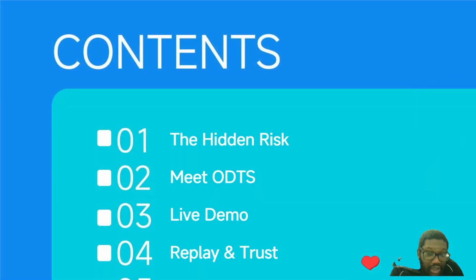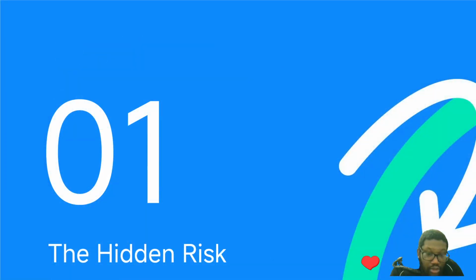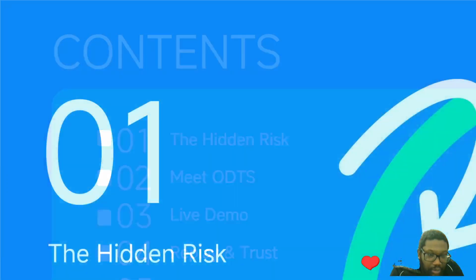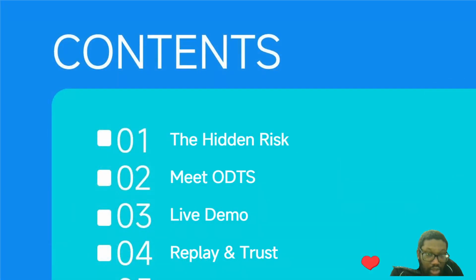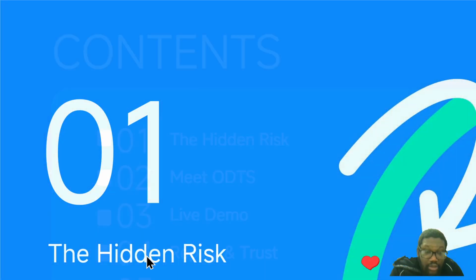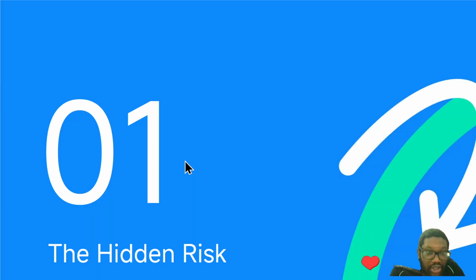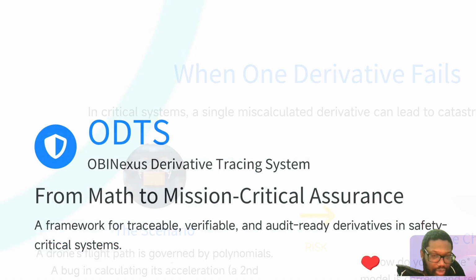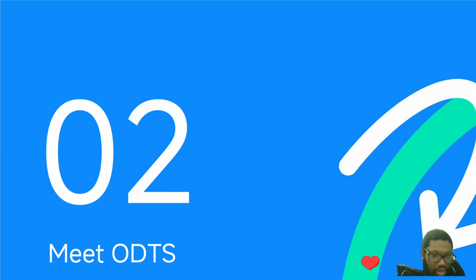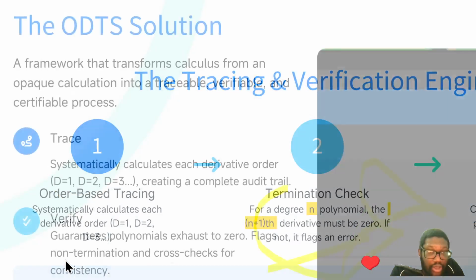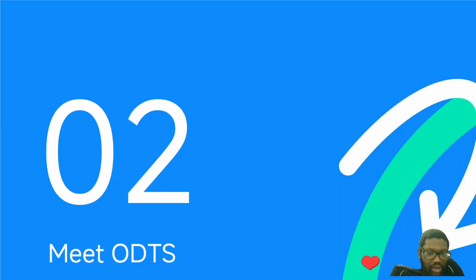It's going so fast. You have to pause this somehow. This is the hidden risks. How do I pause this? You can get the slide too, but I want to know what button pauses. Wait, one second.